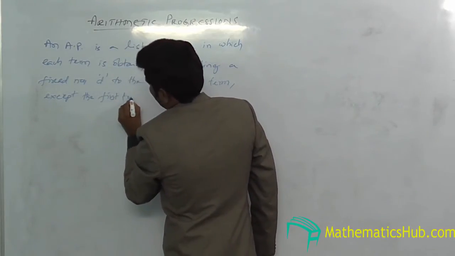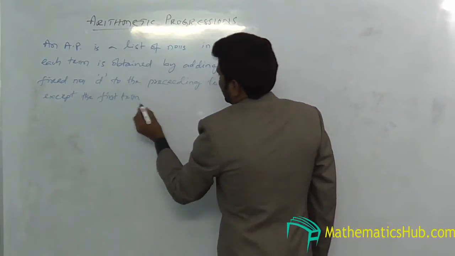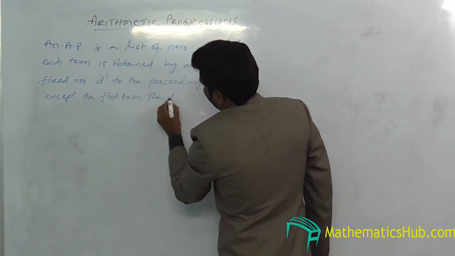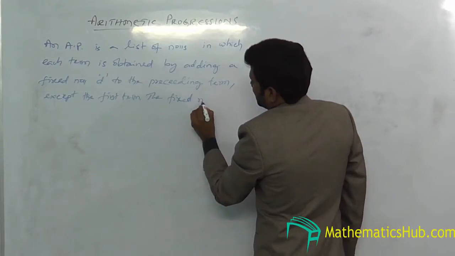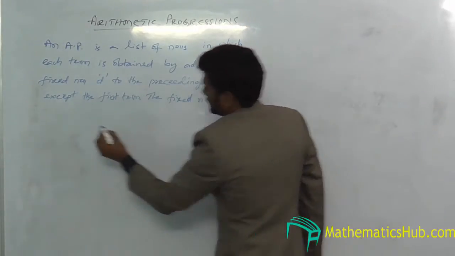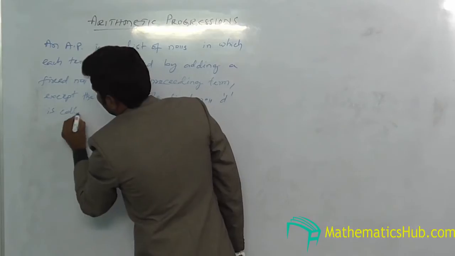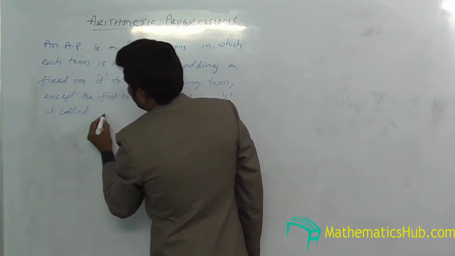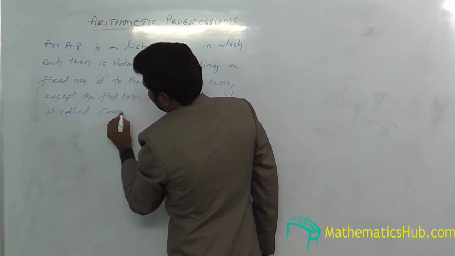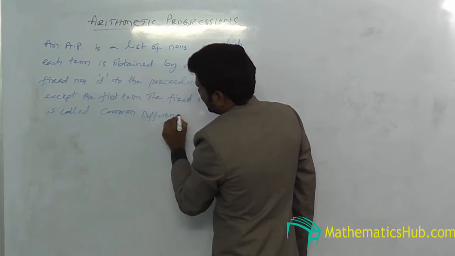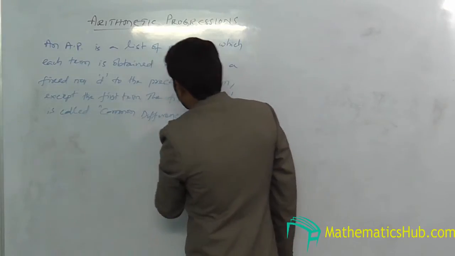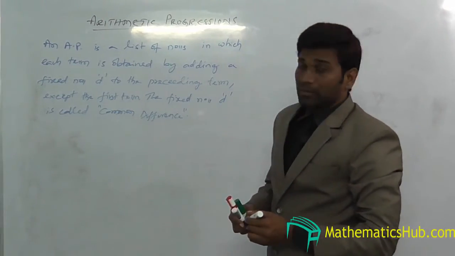And here the fixed number d is called the common difference.